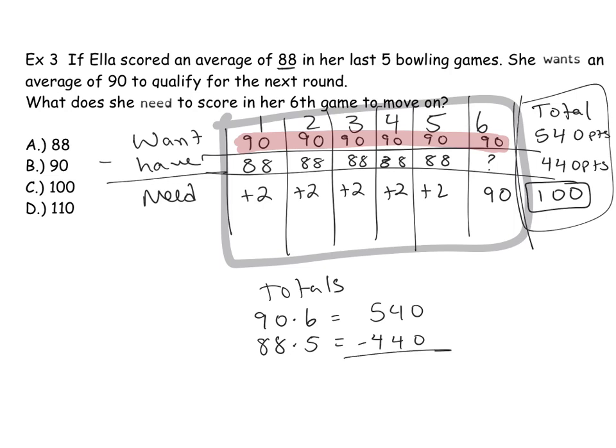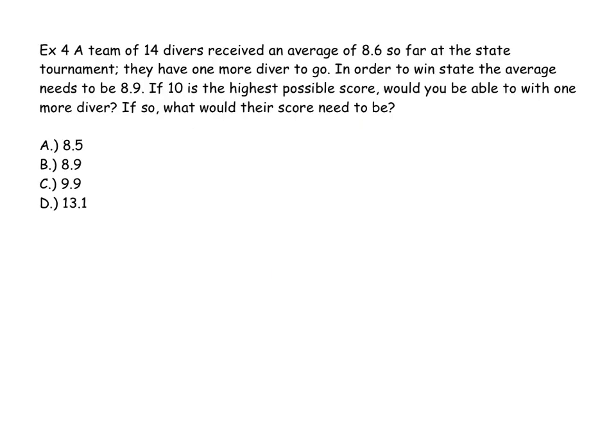And if you subtract 540 minus 440, you get 100, which is what we got originally. That is kind of a more simplistic way to look at that problem. It's going to come in handy as we look at this next problem, because this next problem says a team of 14 divers. Nobody wants to make a table of 14 columns, okay?